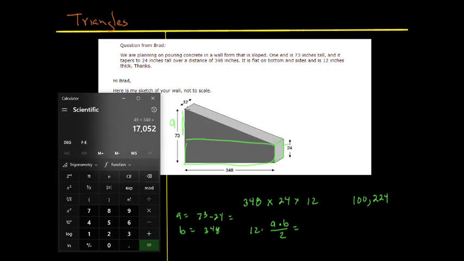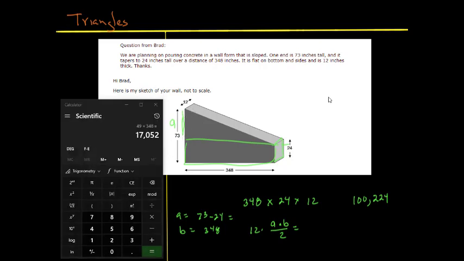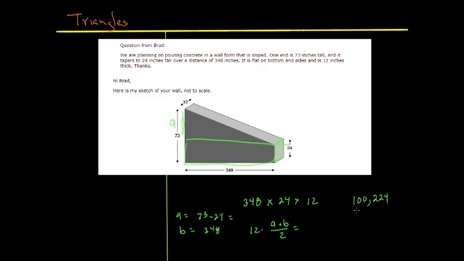Now I need to divide that in half. Remember, this is a triangle. We get 8,526. We got to multiply that times the width, and there's 12, and that gives us, let's see, 102,000.